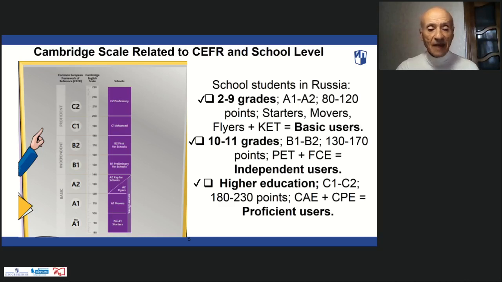If you take a look at the scale on the left of the slide, you will see that the preliminary A1 level corresponds to the Starters exam. That's, as I said, the primary school Starters exam. And at this level, our learners can score up to 90 points.